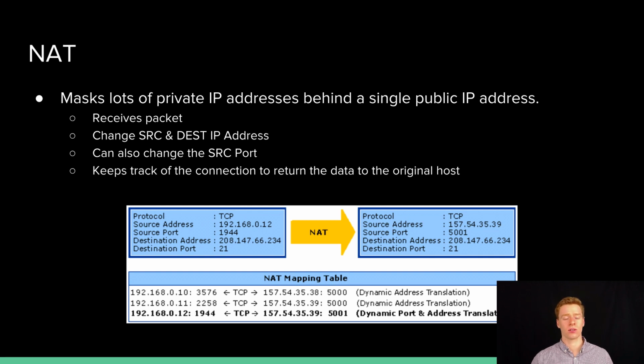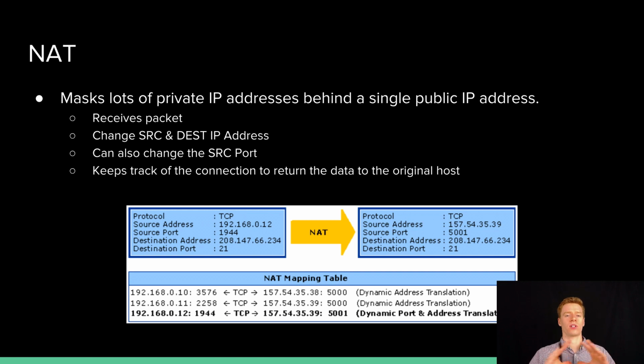So NAT, or Network Address Translation, was introduced for IPv4 to basically mask lots of IP addresses behind a single IP address. Now you'll see this with your home network, where you have your 192.168 network, but your public IP might be something totally different, like 65.72.1.9, you know? So that's a NAT at work.